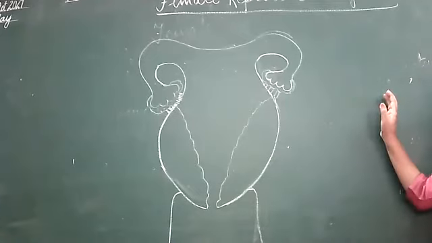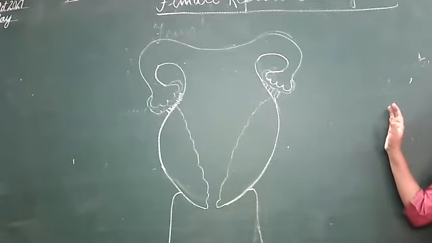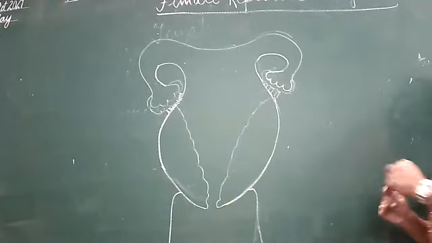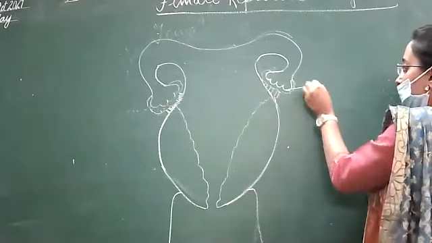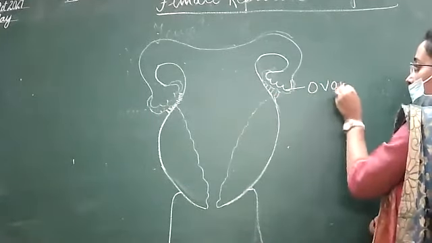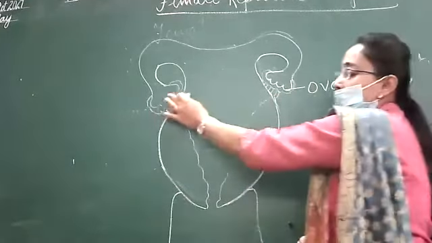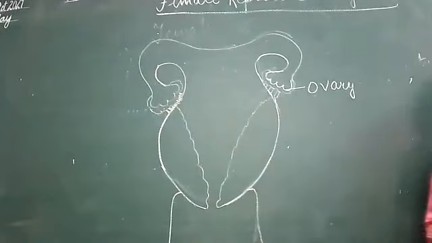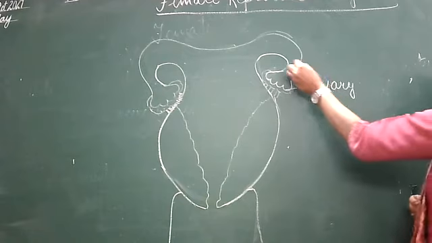So, beta, in the female reproductive system, the main parts are, these are the pair of ovaries. This is one ovary and this is the second ovary. So, in the female reproductive system, the first main part is ovary. Next is oviduct.